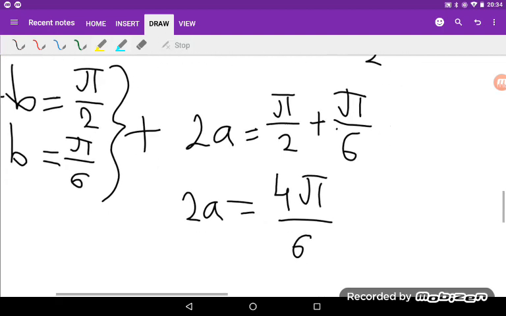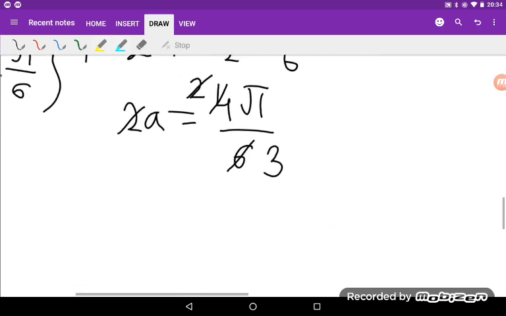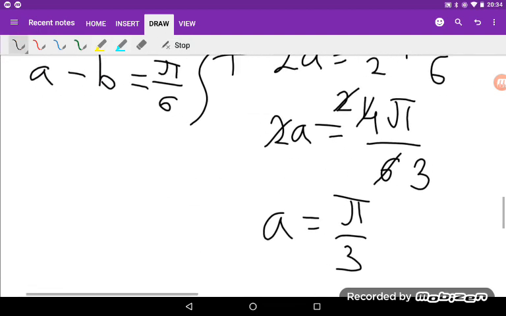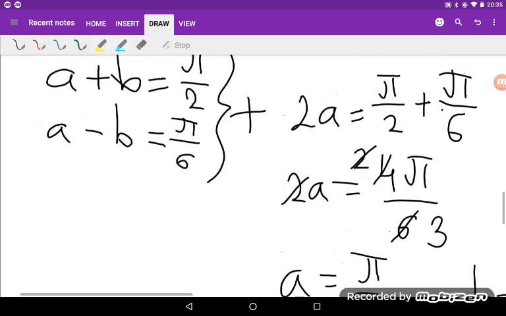Okay, and now I can cancel this. I get 2 and I can cancel with 6. So in the end I get that a is equal to pi over 3. Okay, and I can also get that, I will write it here, that b is equal to pi over 6. Okay, so that's from these two equations.